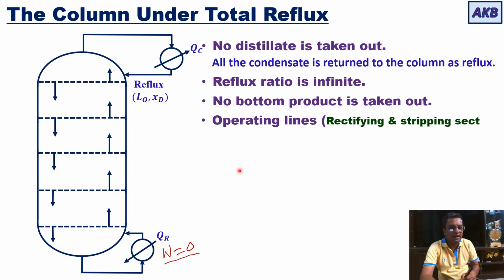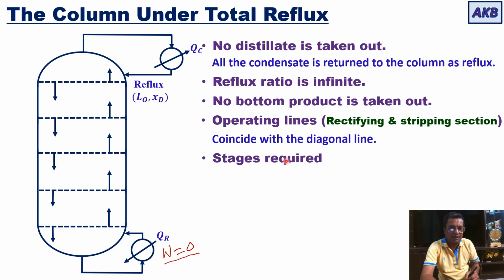Then the operating lines, that is the operating line for the rectifying section and for the stripping section, both of them coincide with the diagonal line. I have discussed this in detail in my previous video. Stages required for this particular operation are minimum.